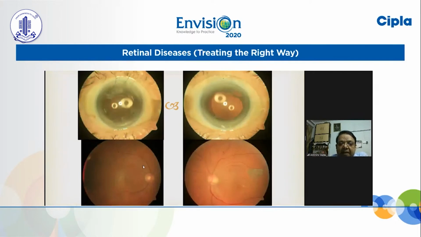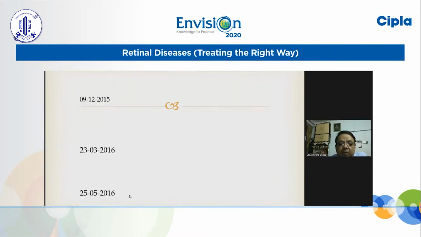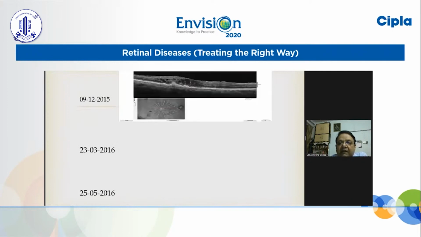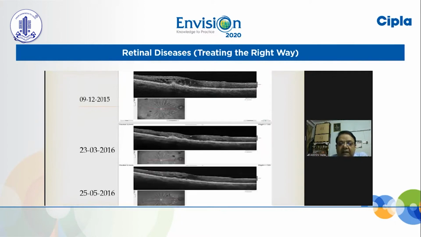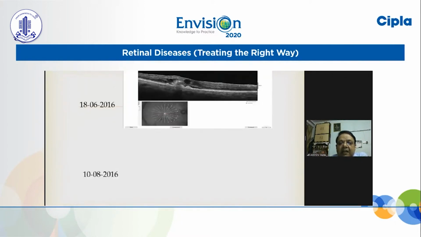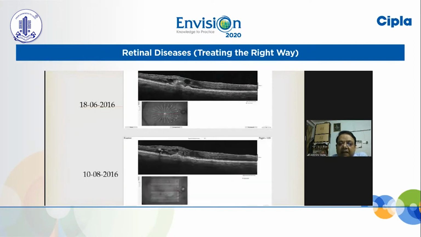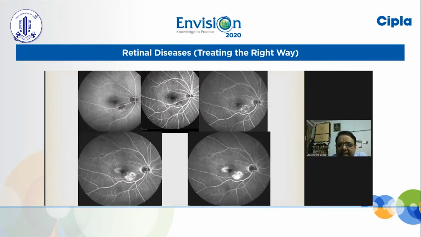Now this is another patient. You can see a yellowish discoloration temporal to the fovea. We did an OCT in this patient. You can see intraretinal fluid, gave anti-VEGF, it rebounded back again. There were multiple recurrences and we gave somewhere around 8 to 9 injections. Then I said something is wrong in this patient, and did an FA. You can see leak temporal to the fovea.